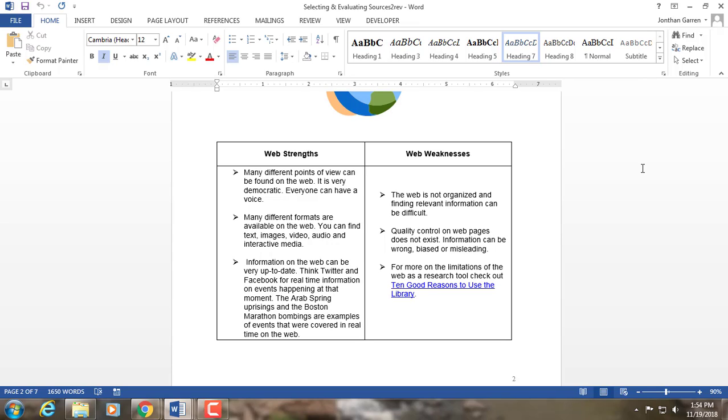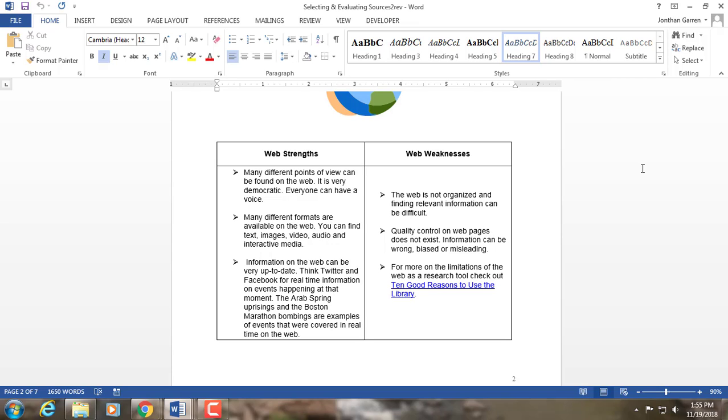So while you can get a lot of different points of view and a lot of different formats, and you can get information as it's happening, such as with social media when events are happening, you can get information instantaneously through the web. You just have to be very, very careful in how you're evaluating those resources, how you're evaluating that information, how you're taking it in, and also how you're representing that information.